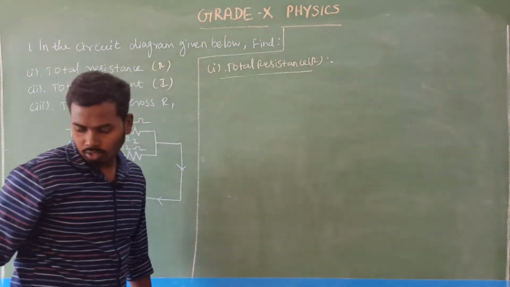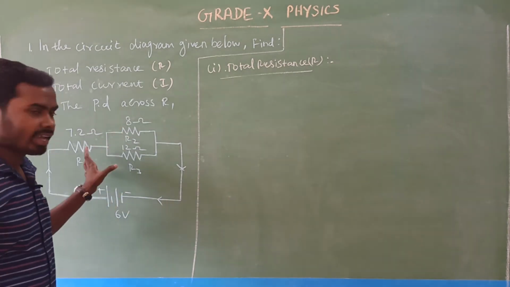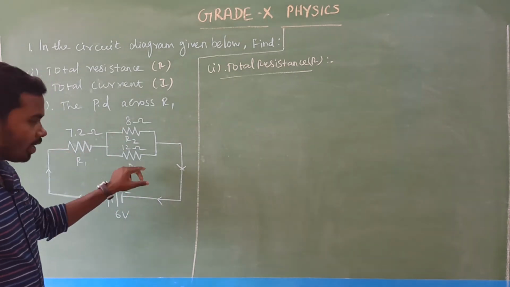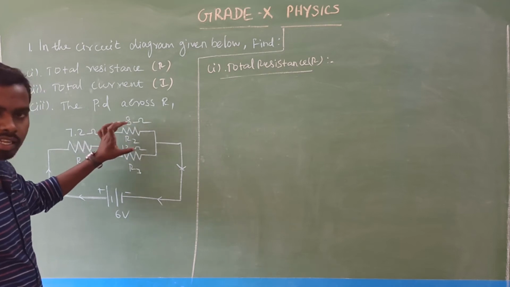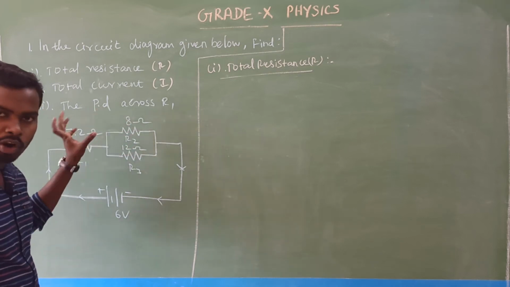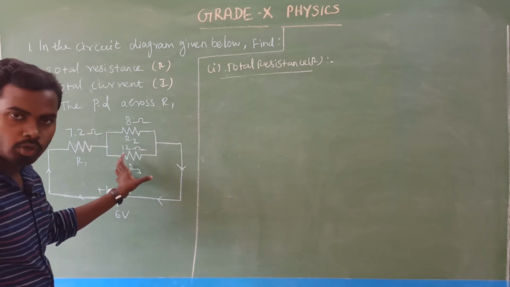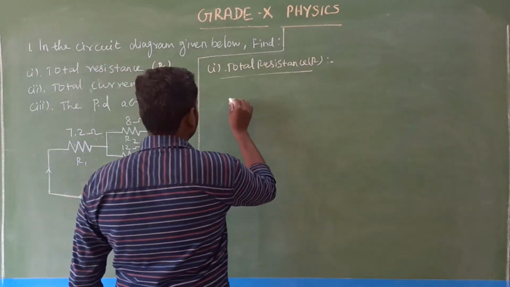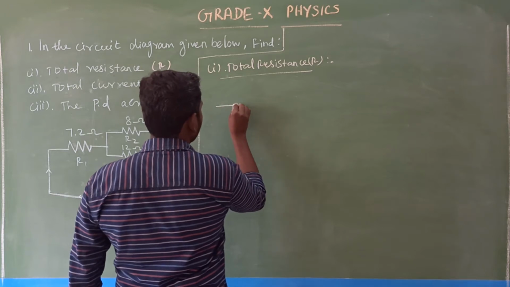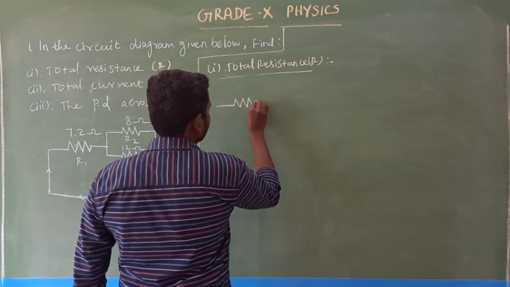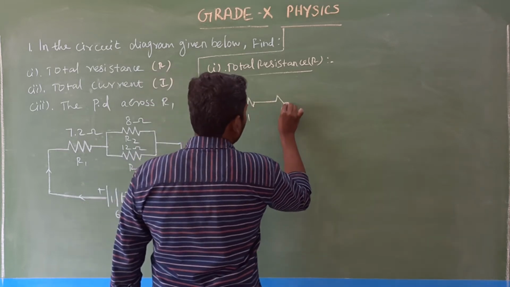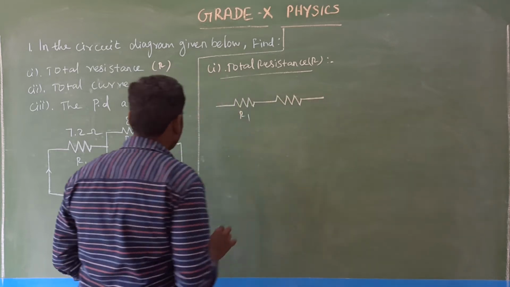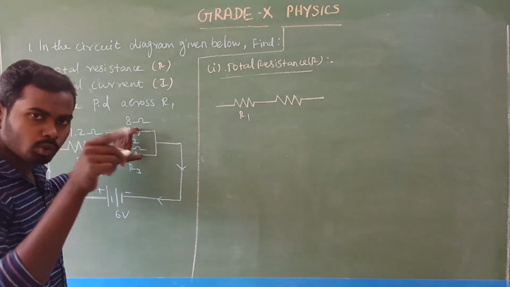Okay students, look at here. Now I am going to modify this diagram. This is the main diagram. Here we have converted these two resistors connected in parallel into a single resistor, so I am going to modify this circuit again. This is R1. Then we have converted this setup into only one single resistor.